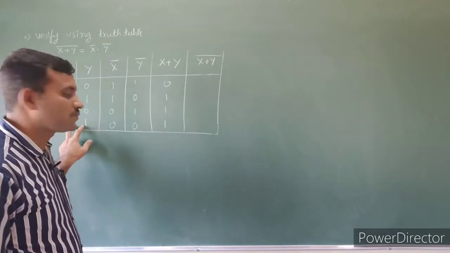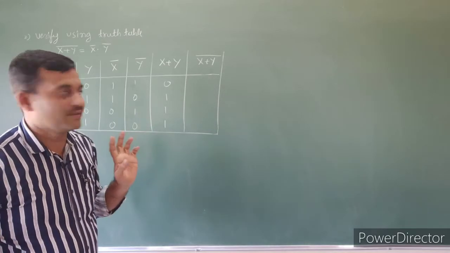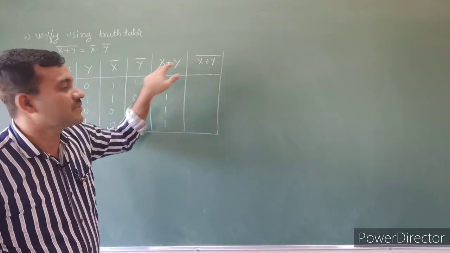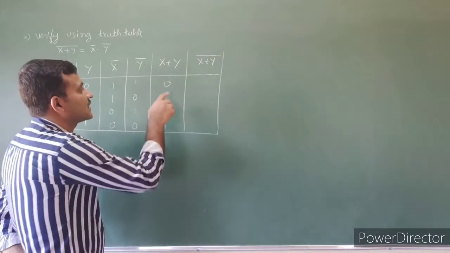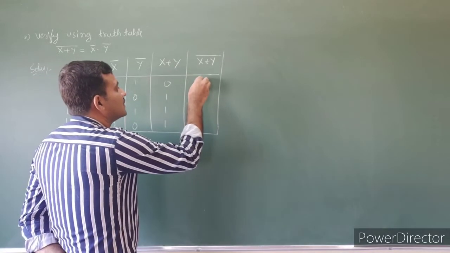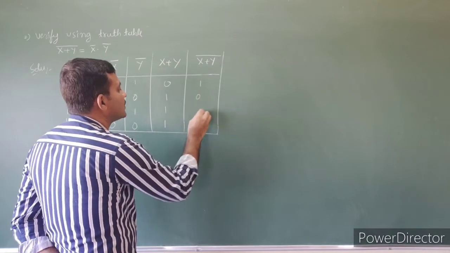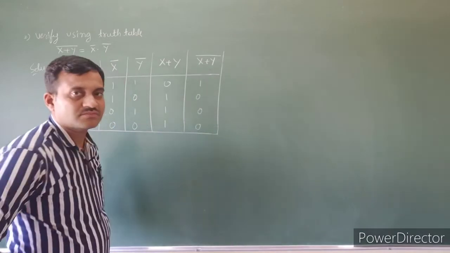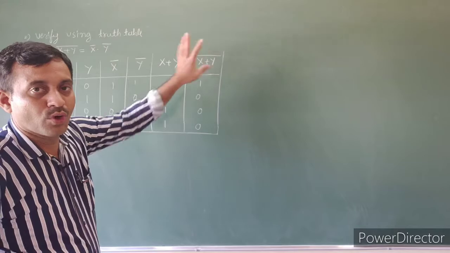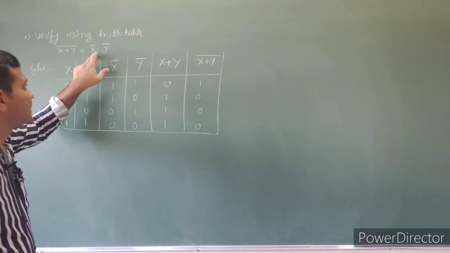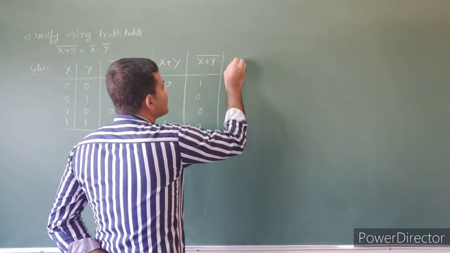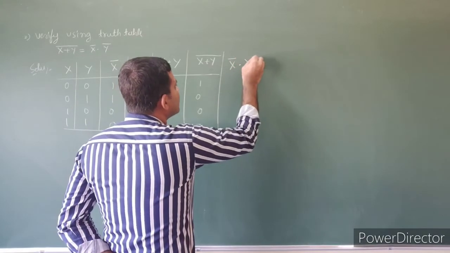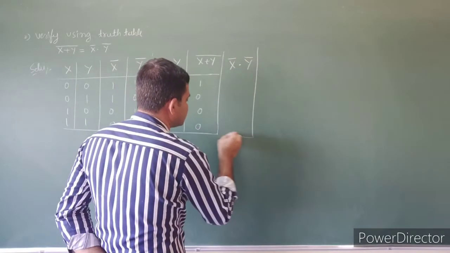If it is 1 plus 1, then the result is 1. Then the complement of x plus y is here 1 0 0 0. Okay. So that is (x plus y) whole bar. Then next is x bar into y bar. Next column is x bar into y bar.